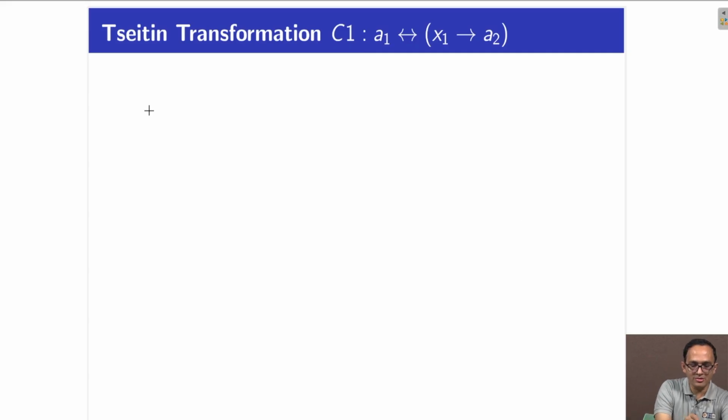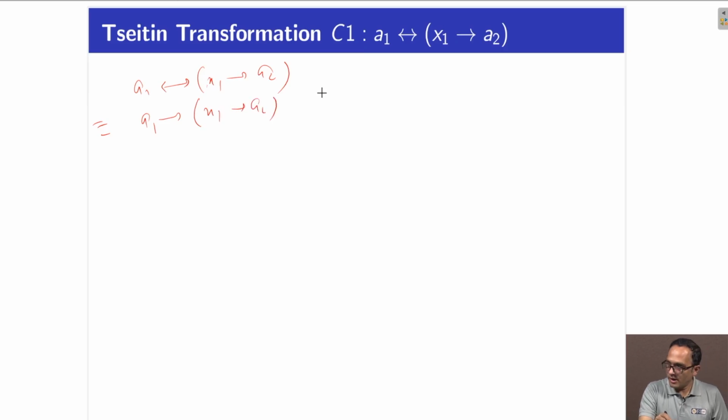So my C1 is effectively A1 by implication (x1 implication A2). What does this mean? A1 implies this, and this implies A1. So there are two parts.